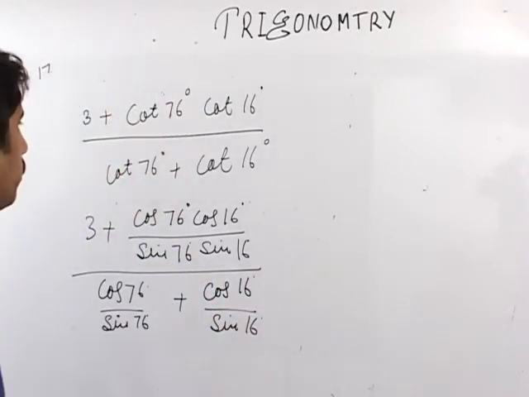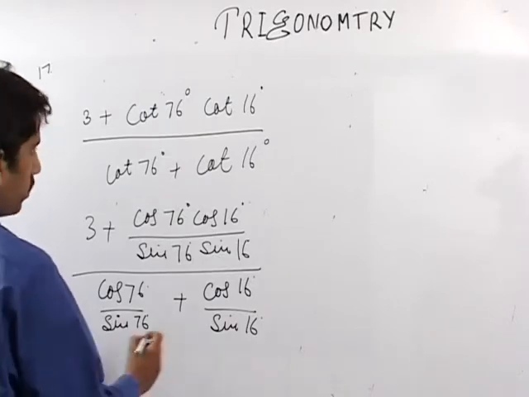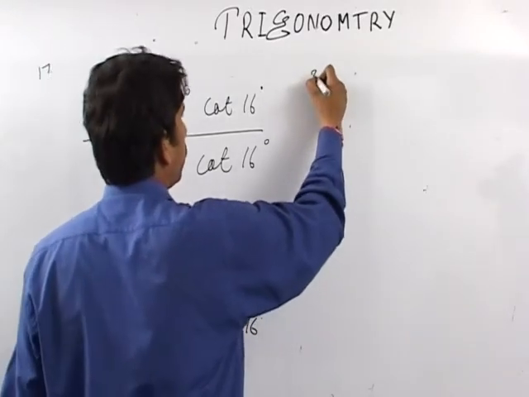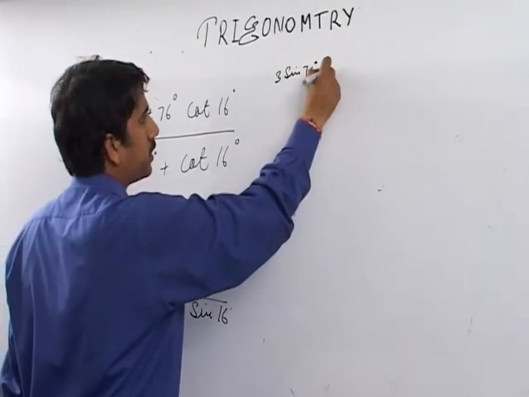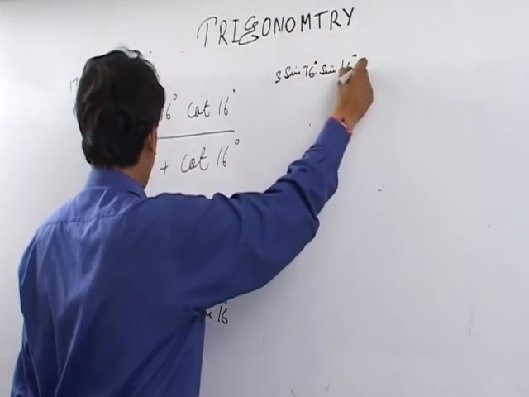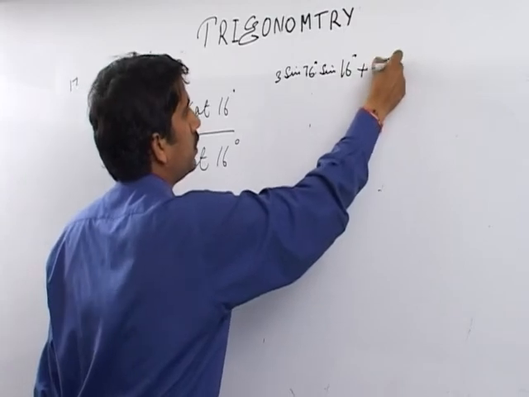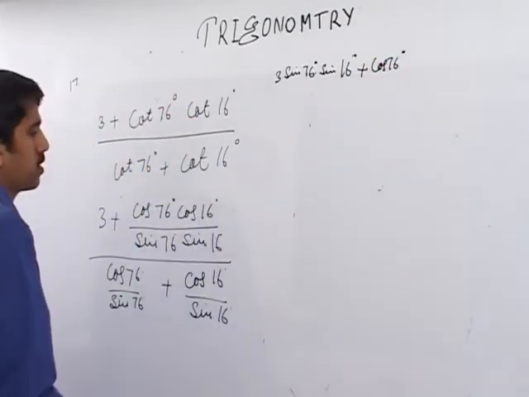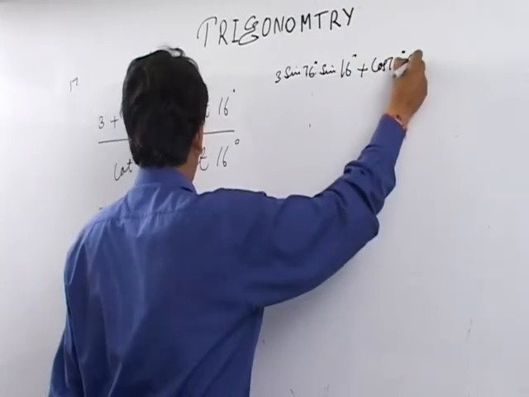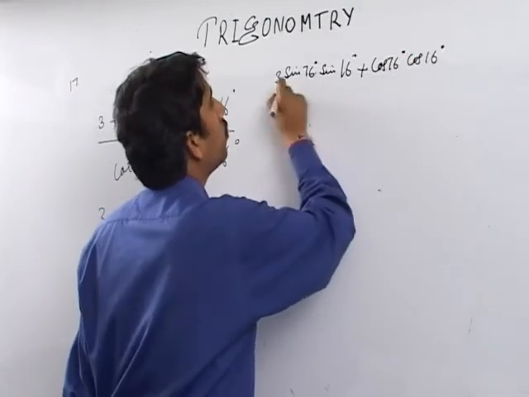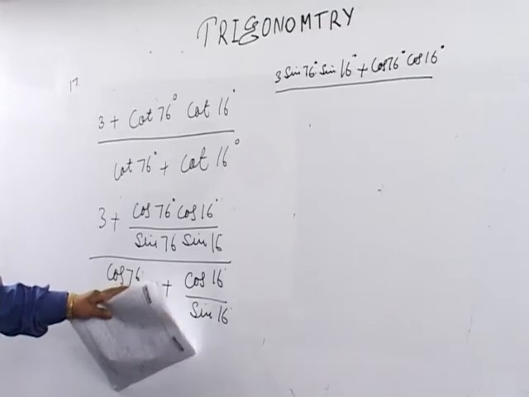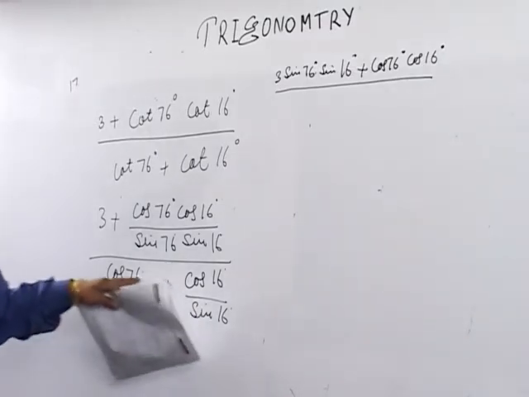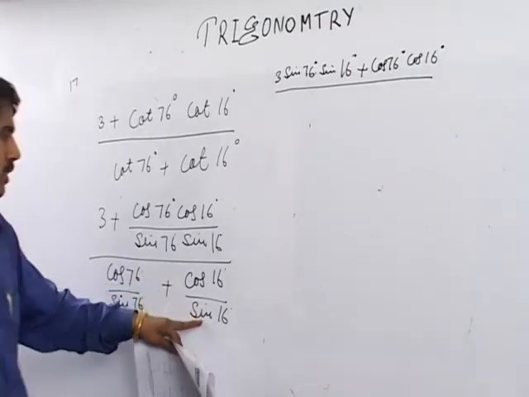Now taking LCM, we get 3 sin 76 degree sin 16 degree plus cos 76 degree cos 16 degree whole over cos 76 degree into sin 16 degree.